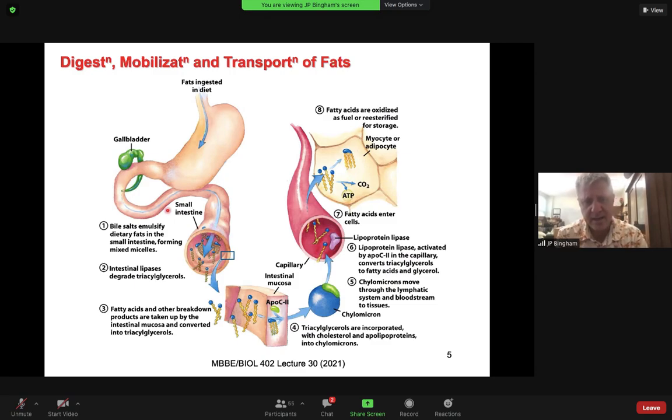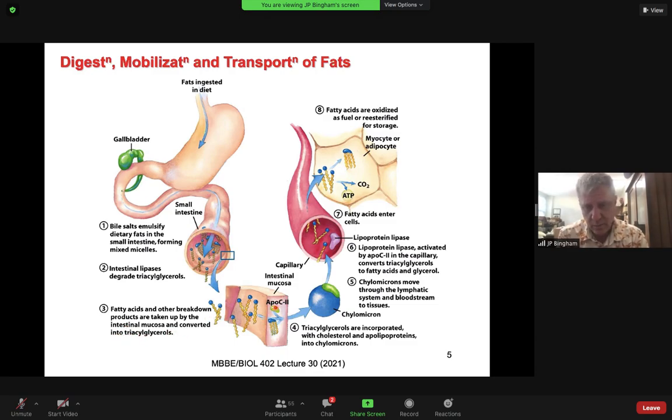What we're going to see in the small intestine are the lipases, like the phospholipases we've talked about, degrading the triacylglycerols to become glycerol and the individual fatty acids. We're going to get those particular fatty acids taken up by absorption mechanisms in the intestinal mucosa and convert them again into triacylglycerols.